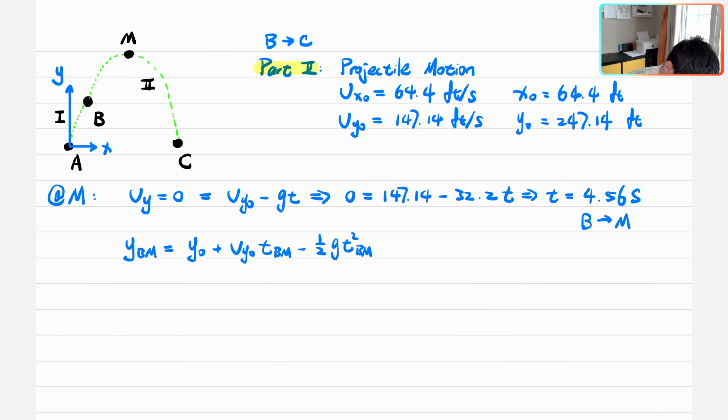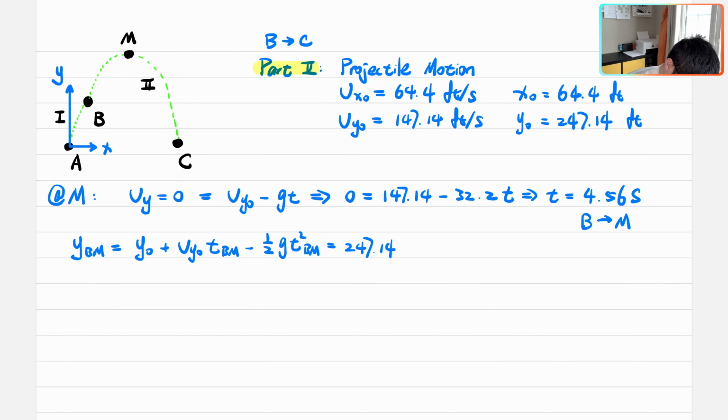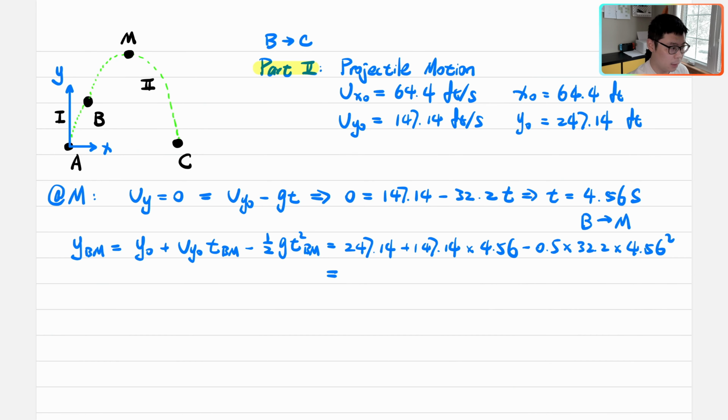Remember, time is from B to M. Okay, subbing all the numbers here: 147.14 times 4.56 minus 1/2 gravity times 4.56 squared. I'll get my displacement Y from B to M, vertically, 583.14 feet.